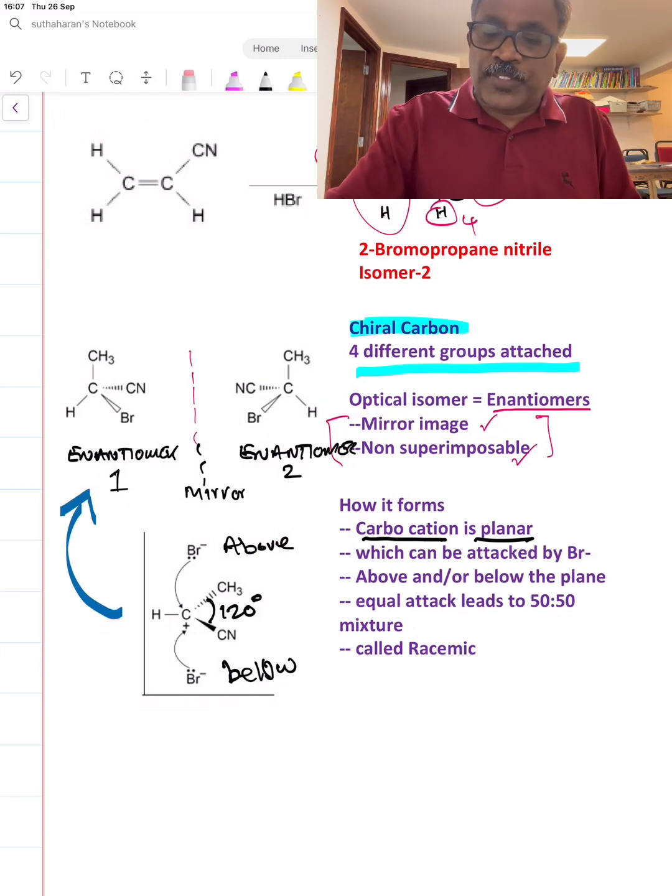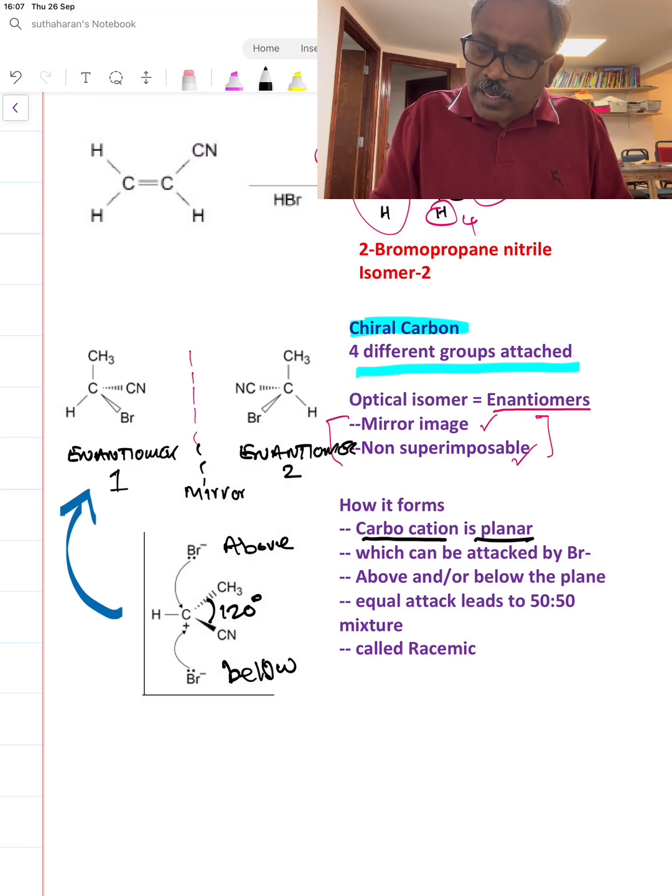Not part of the answer, the next one I'm going to explain. So what is a racemic mixture?